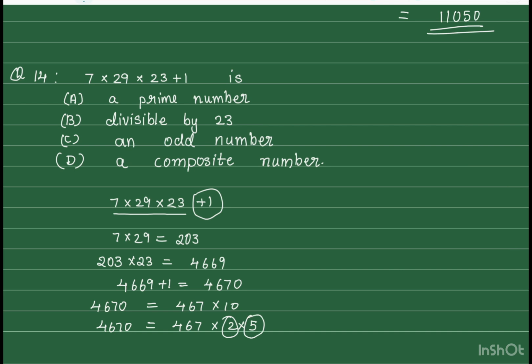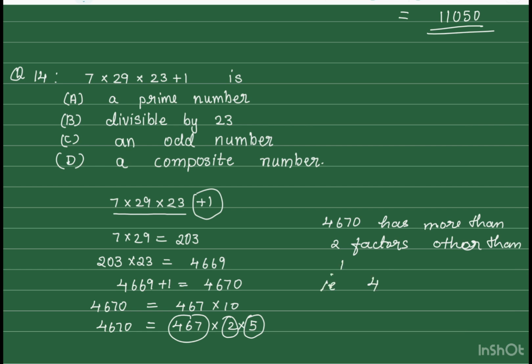So we got two factors 2 and 5, also 467, that is, 4670 has more than two factors other than 1. That is, 4670 is a composite number.